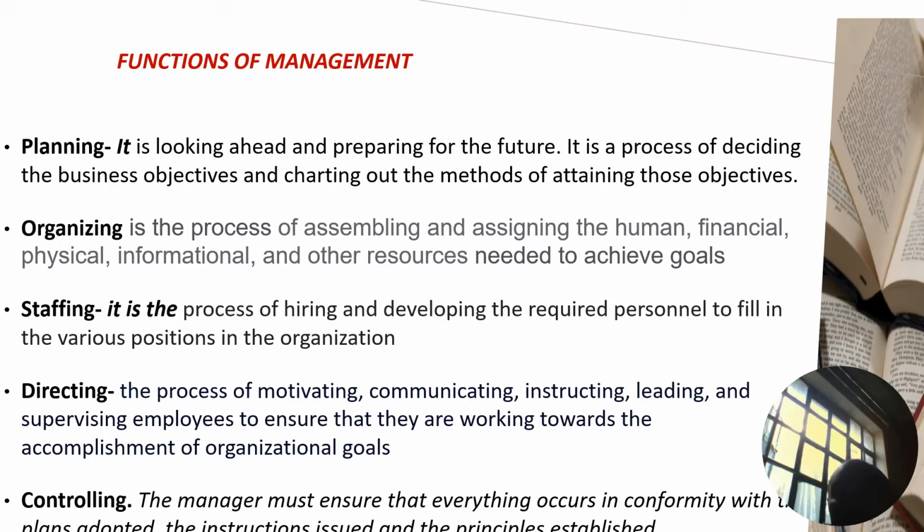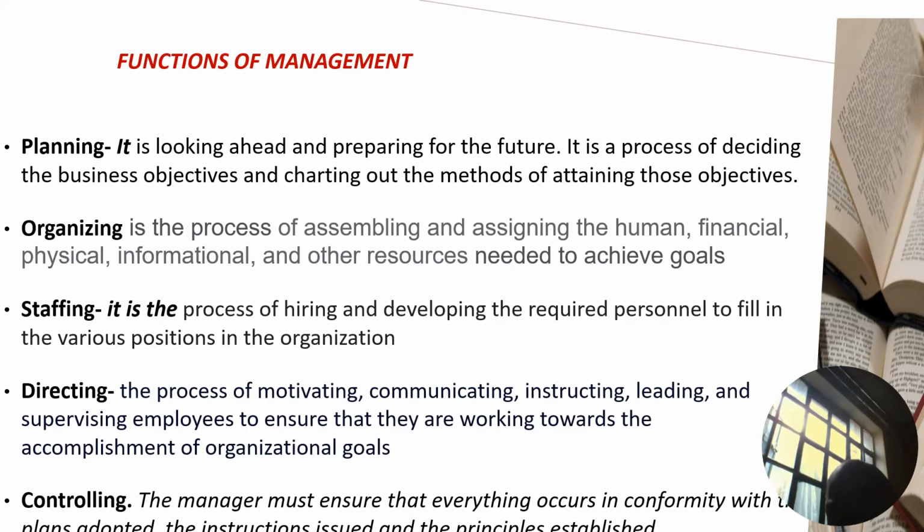The fifth function of management is controlling. What is controlling? The manager must ensure that everything occurs in conformity with the plans adopted so that they can successfully achieve their objective.